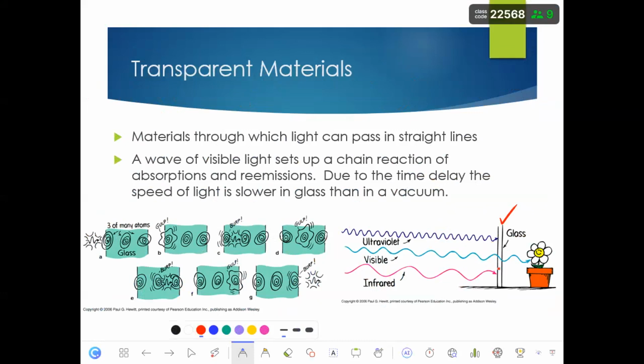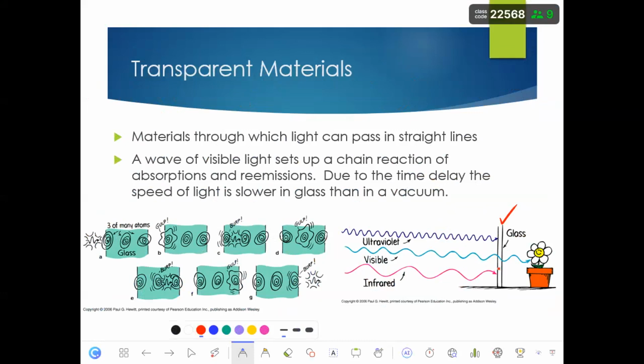They stop. So this transparent material just lets the visible light pass through the glass. We call this a transparent material. The material through which light can pass in a straight line is called a transparent material.